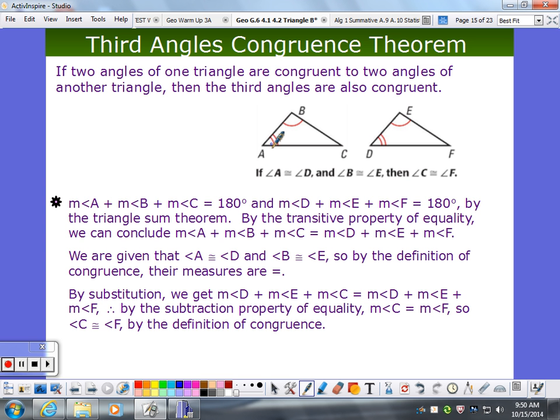Those angles should add up to 180, and if the other ones are, let's say, 30 and 40, then the other angle would be 110, and so that's 70 and 70 in the other triangle. Yeah, that's right. Because these are congruent angles, when you add them together, you're going to get the same sum, right? The whole thing adds up to 180. When you subtract the same sum from 180, you get congruent angles.